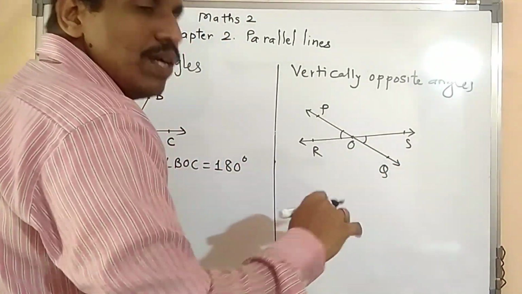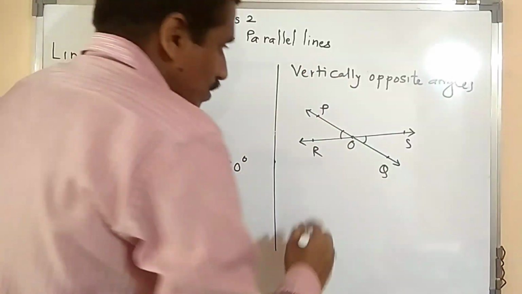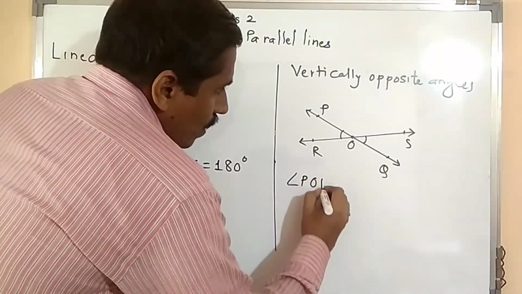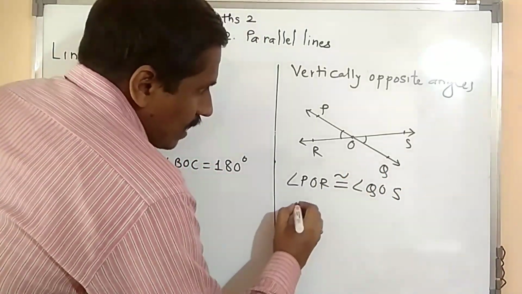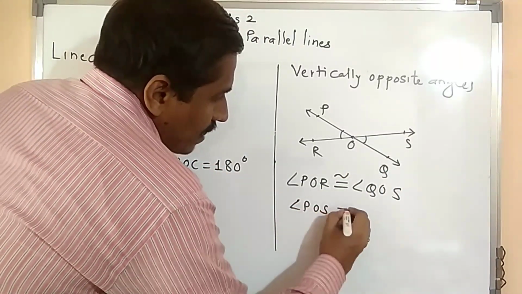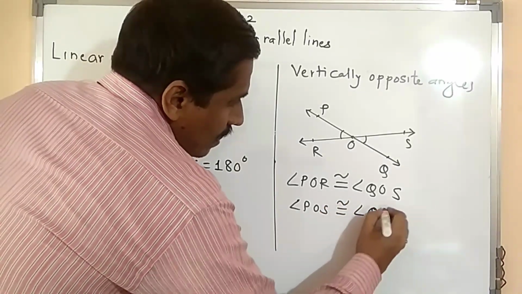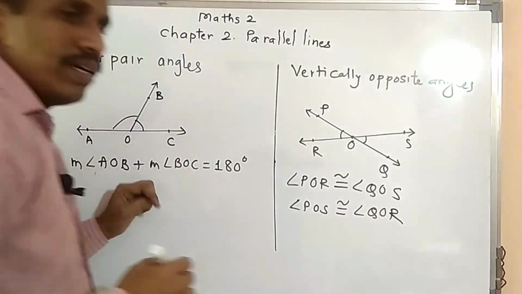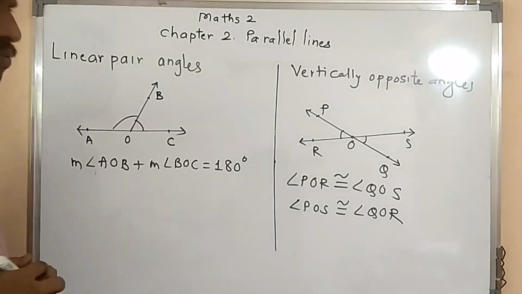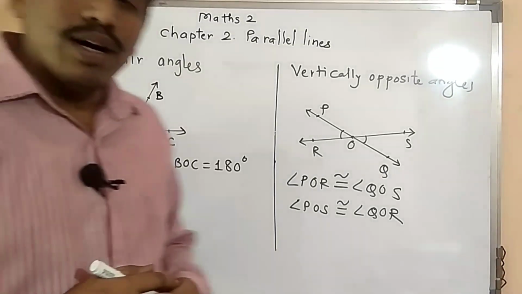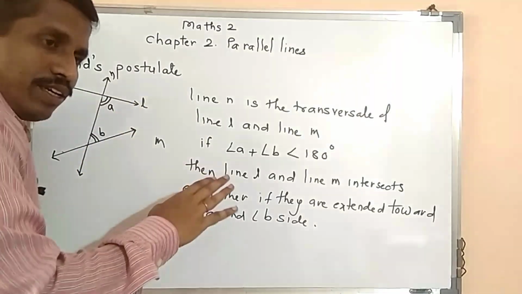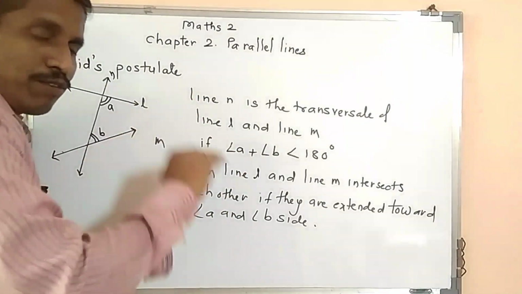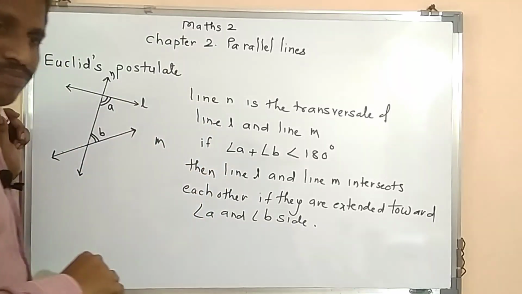Proof of this theorem we have studied in an earlier chapter. Angle POR is congruent to angle QOS, and the second one, angle POS is congruent to angle QOR. So these properties will be helpful to us to study our next properties. We are going to study the geometry which was developed by Euclid.